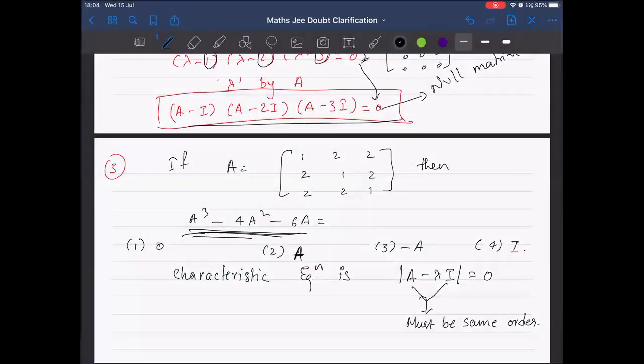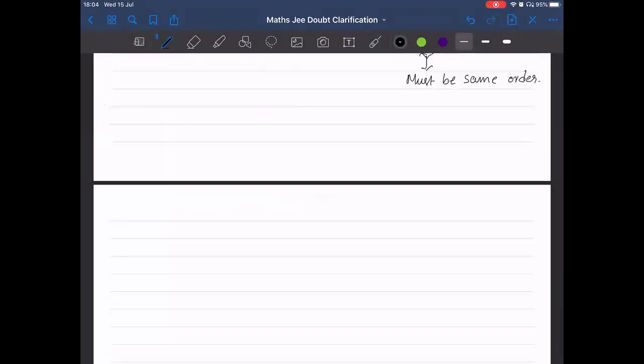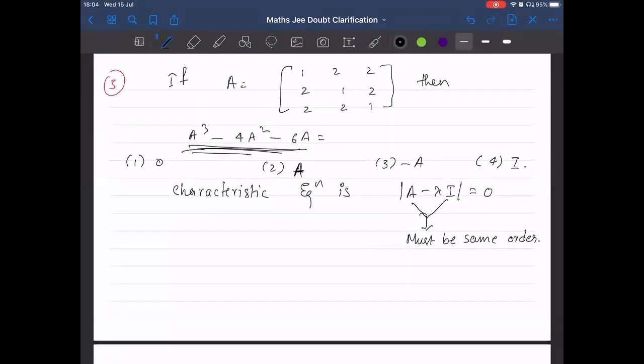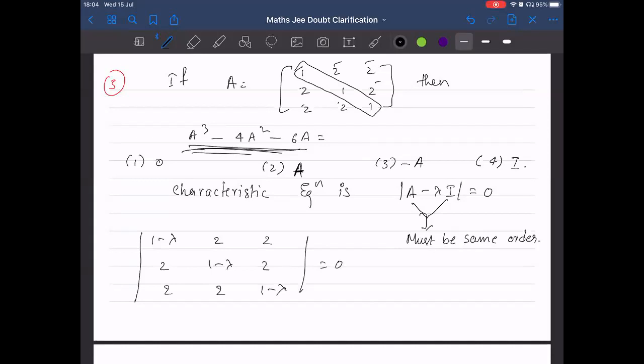Okay. Let us see the problem. Again, I'm trying to find the characteristic equation, A minus lambda I. So let us write directly. Remember, only the principal diagonal elements in the matrix I will be affected, and we're subtracting this lambda I because the identity matrix contains 0 in the remaining positions. So it is 1 minus lambda, 2, 2; 2, 1 minus lambda, 2; 2, 2, 1 minus lambda equals 0.